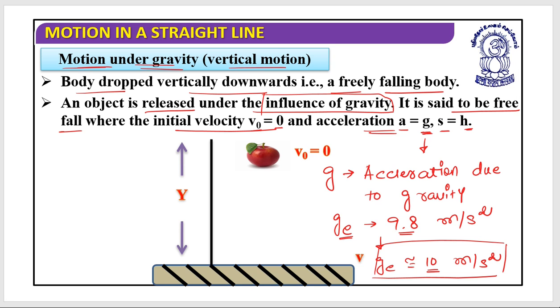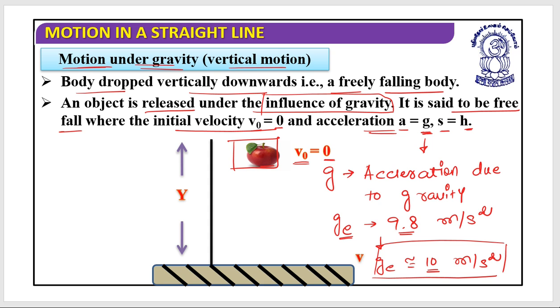This apple is kept purposefully because you might have heard the story of Newton. People say he was sitting under an apple tree and an apple fell down, and he wondered why every object moves towards the ground only, and it gave him the theory of gravitation. So this apple represents that theory of gravity. It is in free fall motion.